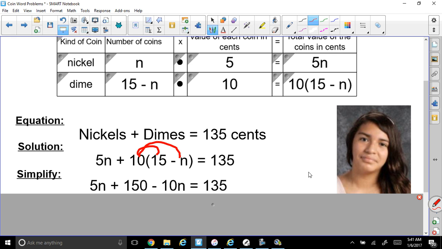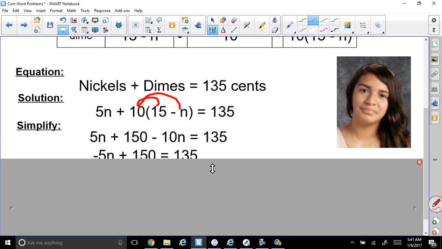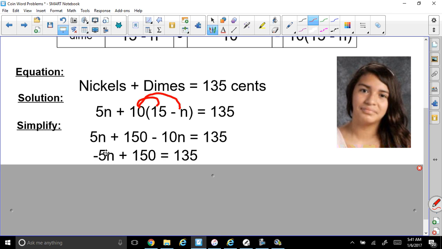I can bring those two together. What's 5N minus 10N? Looks like it's going to give me a negative number. And if you said negative 5N, you are correct. So I brought my N's together. That gives me a negative 5N, and I have plus 150 equals 135.